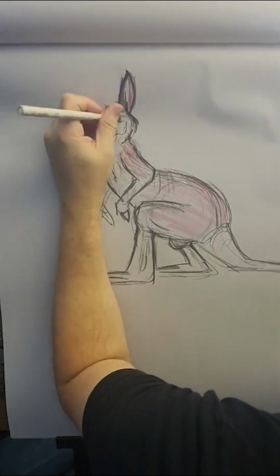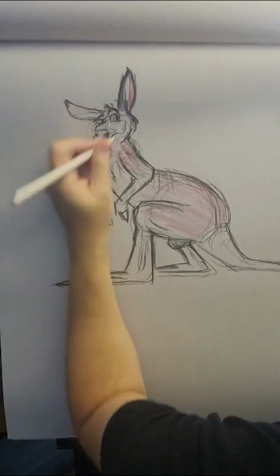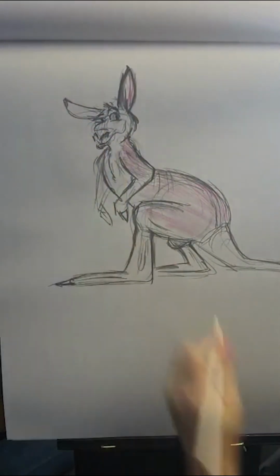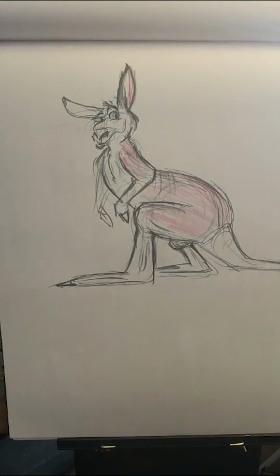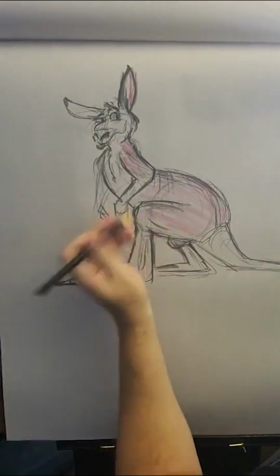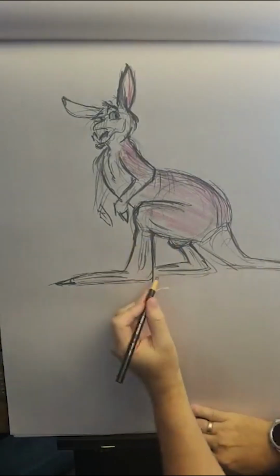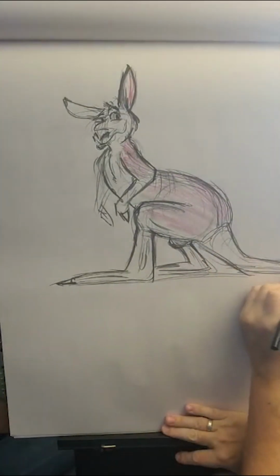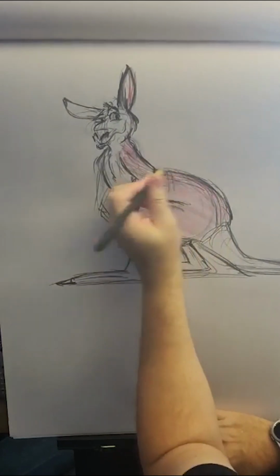Sorry, I got excited to use it. I should try doing a dark one. Maybe I'll use black paper next time. See how that goes. Oops. Kangaroos have such long tails.